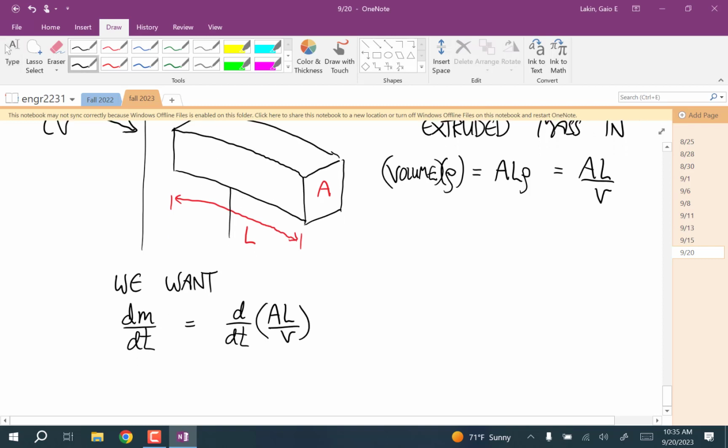And so we can rewrite this as A over specific volume times dL/dt. And dL/dt you can think of as the speed of material coming out of that opening.